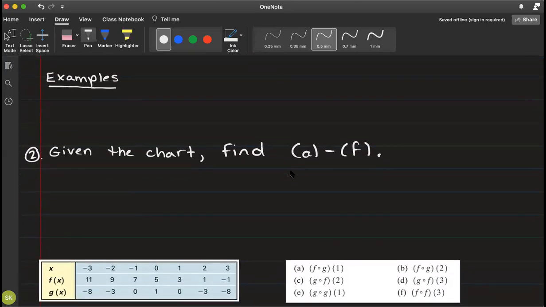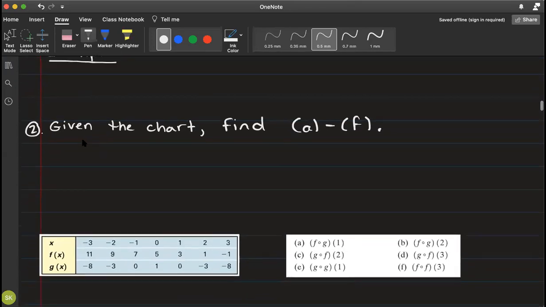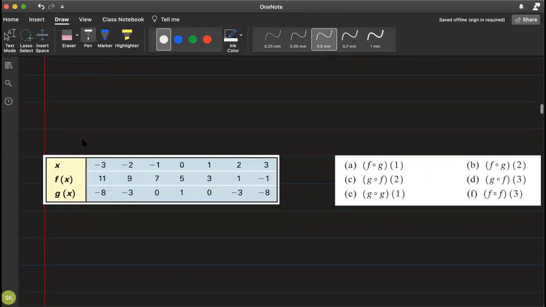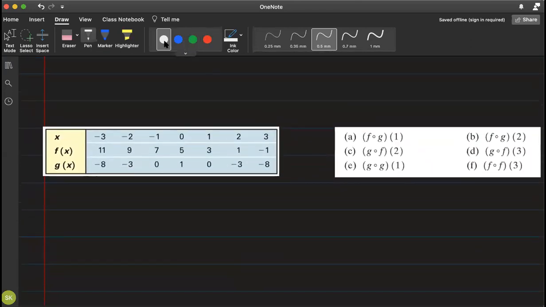So here is our second example, the first example I gave you in the last video. In example 2, I'm giving you a chart, and I want you to find parts A through F. So let's look at this chart. I'm going to zoom in a little bit. Let me tell you what's happening in this chart. I'm giving you some x values.